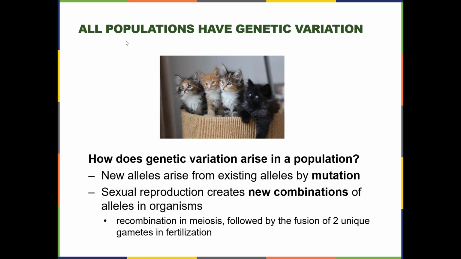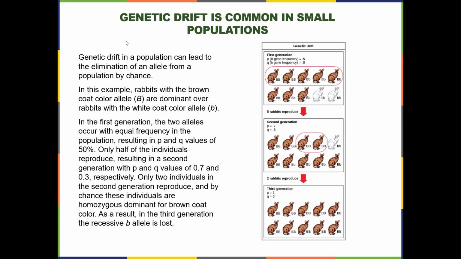And then any two gametes, each of them being genetically unique, can fertilize each other or fuse, and that gives you a completely genetically unique individual. So there are several moving parts, I would say, that lead to a good amount of genetic variation. Now, some populations have more than others, but there's always some level of genetic variation. And again, we blame polymerase for a majority of that.